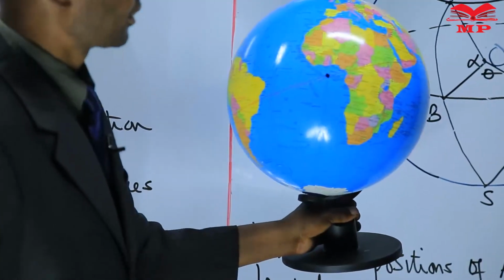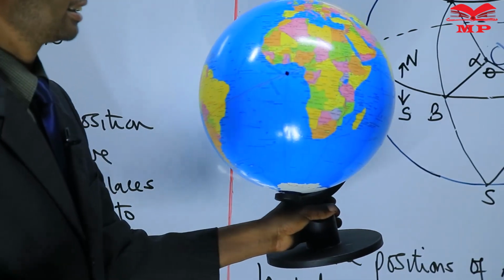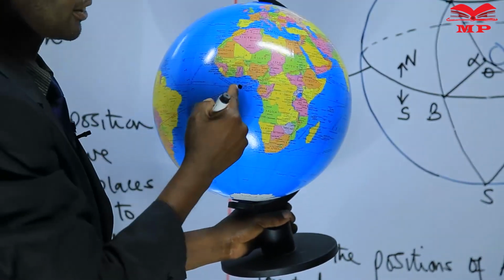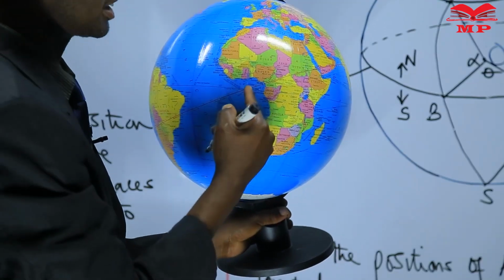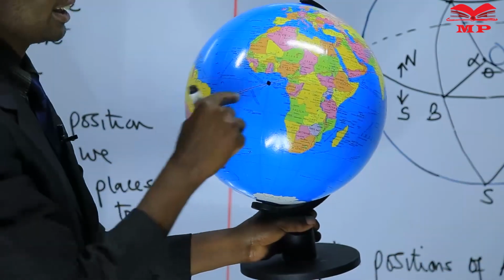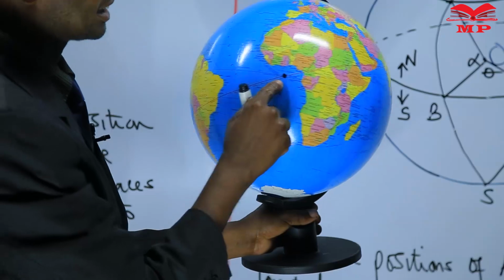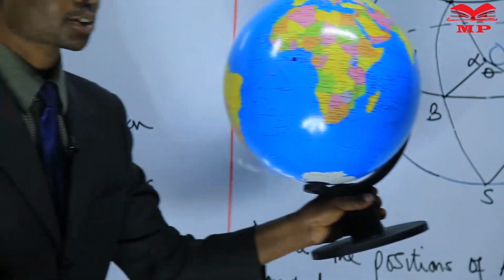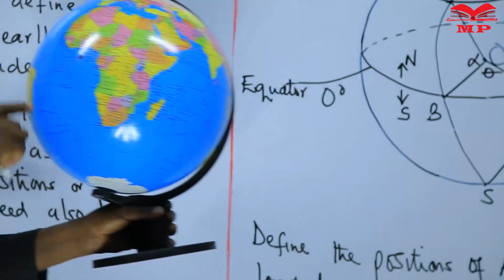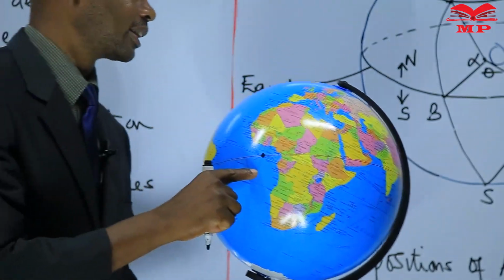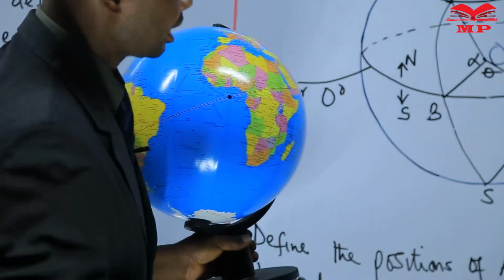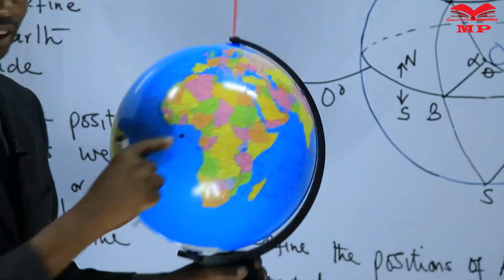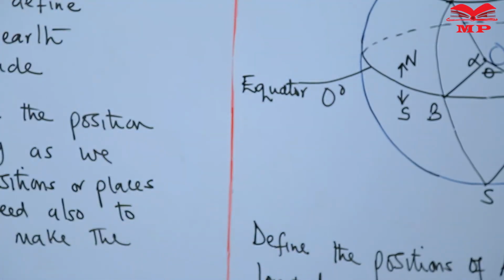0, 0. The center. It is where you start measuring your latitude and also where you start measuring your longitude, either to the west or east. It is in the Atlantic Ocean, on the west coast of Africa. Point C is 0, 0.